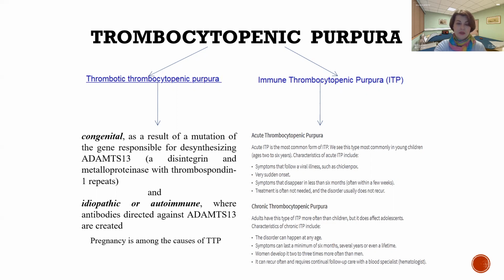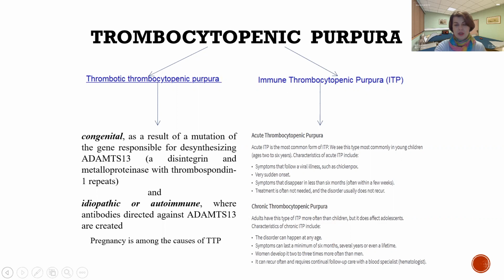Characteristics include symptoms that follow a viral illness, such as chickenpox or respiratory viruses, very sudden onset, symptoms that disappear in less than 6 months or even a few weeks, and treatment is often not needed and the disorder usually does not recur. And chronic thrombocytopenic purpura is the adult type of purpura more often than in children and does not affect adolescents.